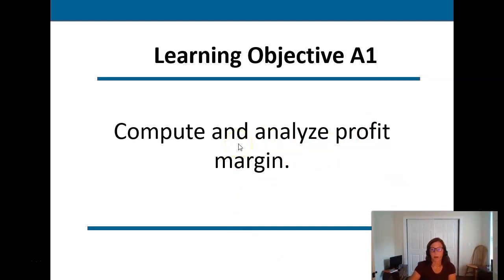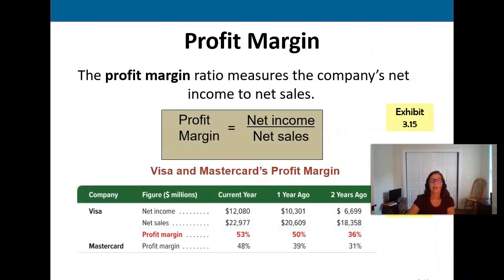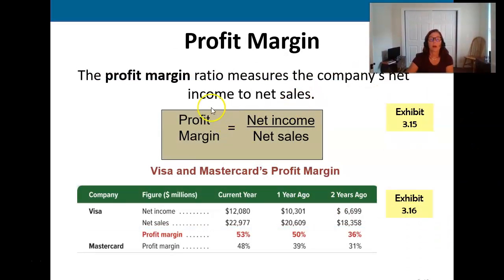Now, as with last month, we can then take these financial statements and we can use them to begin to conduct some analysis. And this is the profit margin ratio, and that takes the net income over net sales. And this allows us to compare across companies how those companies compare.